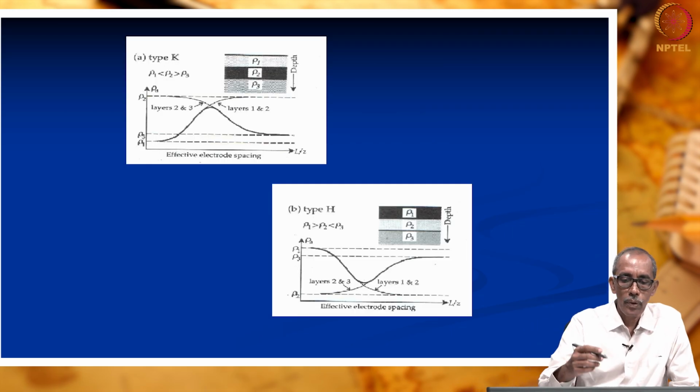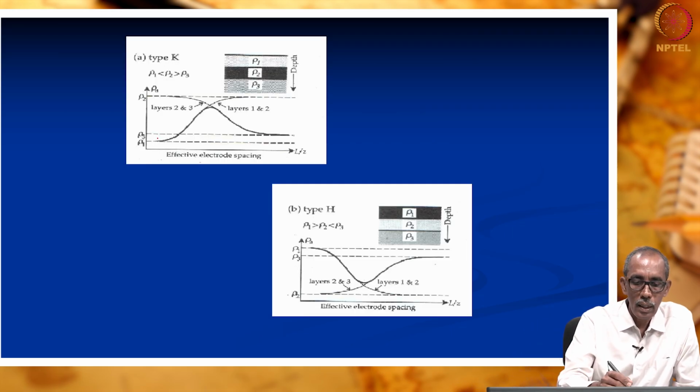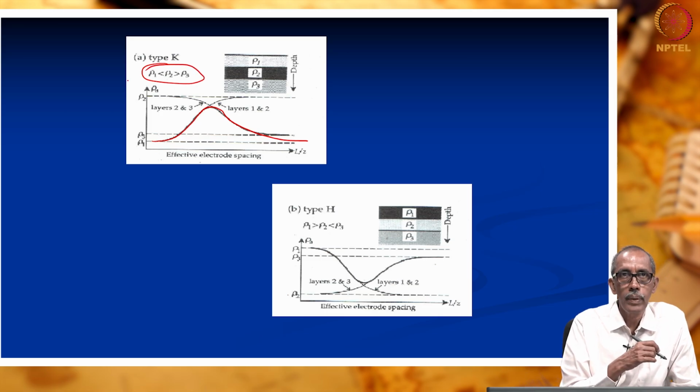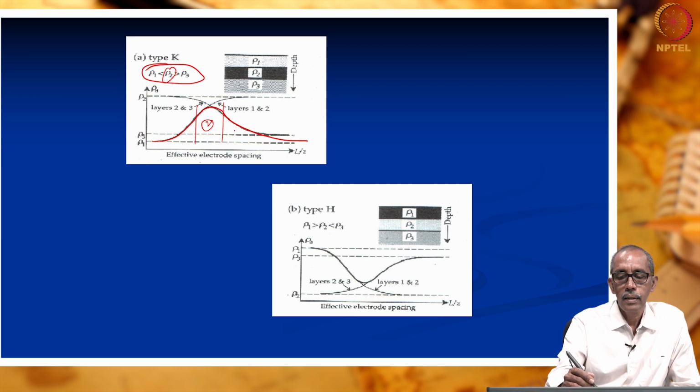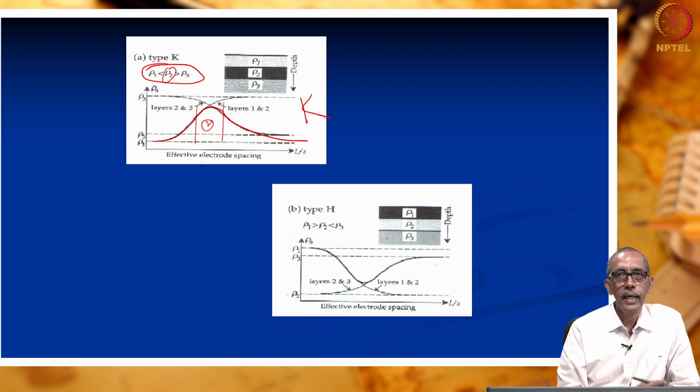Suppose the resistivity of the layer increases and then decreases like this. That means the resistivity of layer 2 is higher than layer 1 as well as higher than layer 3, then you will have a curve something like this. This type of curve is known as K type.